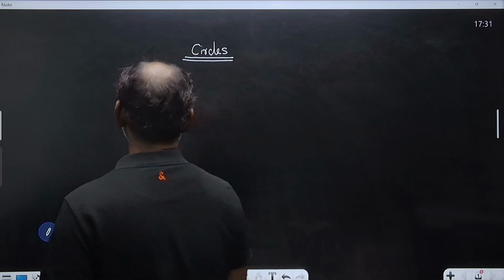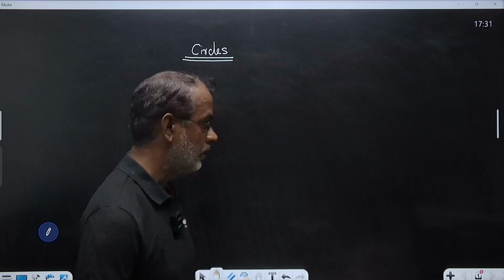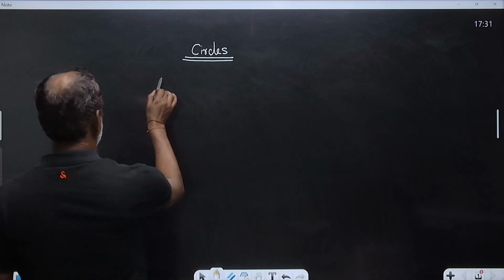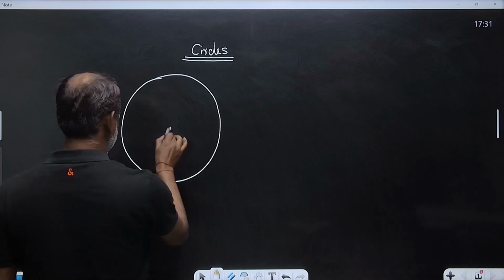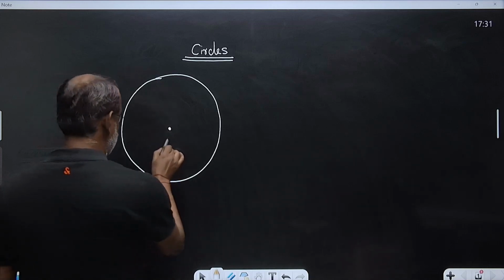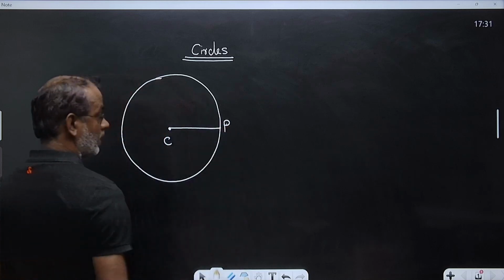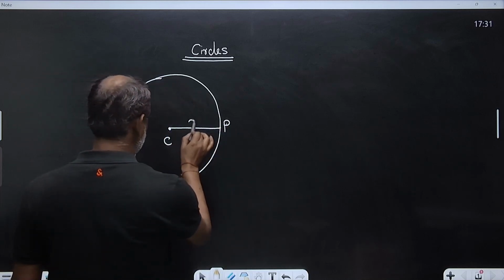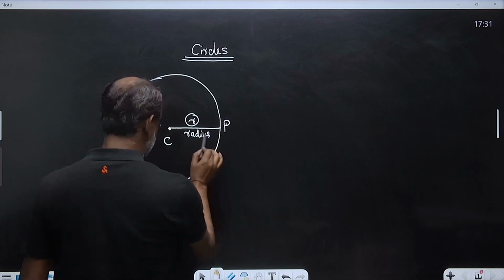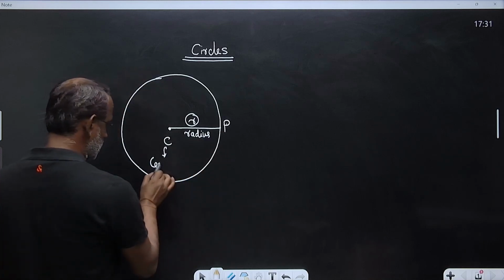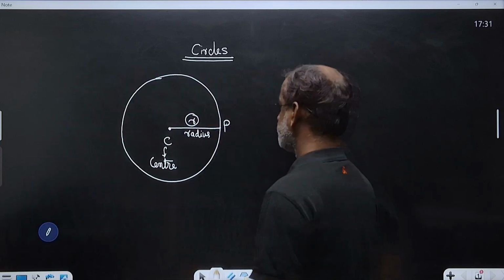Now I am sure all of you would have heard the term circle. At a fundamental level you would have understood what it means. So we are discussing a circle, it has a center C, and P is a point on the circumference of the circle. This distance CP is always equal to the radius of the circle. C is the center of the circle.